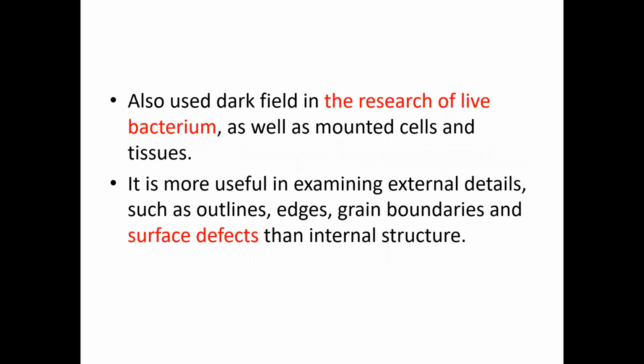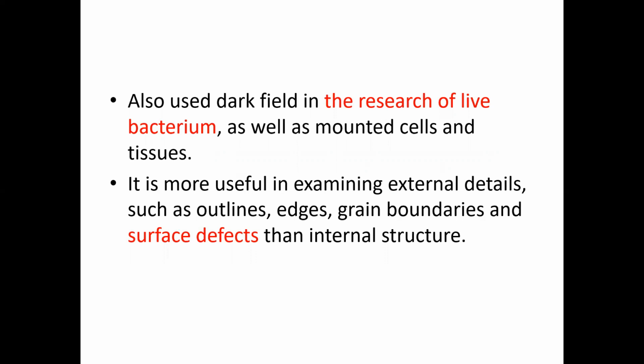So this is about dark field microscopy. In comparison of bright field microscopy and dark field microscopy, the condenser is the one which differs. Here in bright field microscopy, the condenser allows the light to pass through the center of the specimen, and the light which is reflected and unreflected also enters into the objective lens.